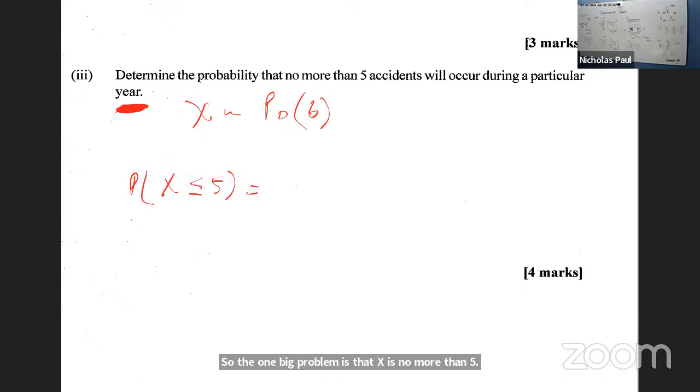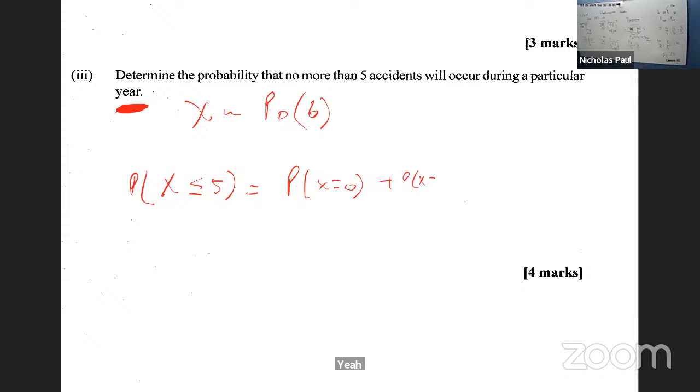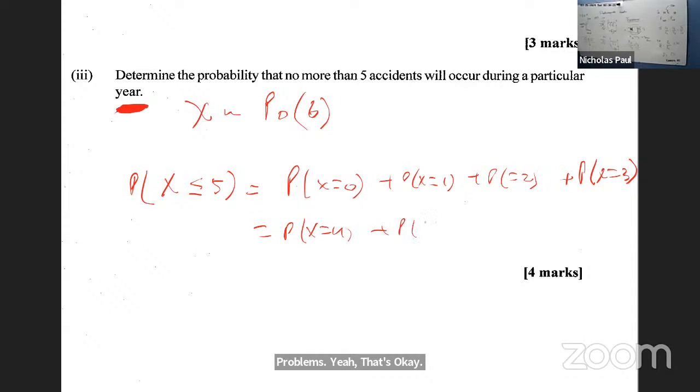Are you working that out? You've got to work out the probability of what? Probability of 0, probability of 1, probability of 2, probability of 3, probability of 4, probability of 5.